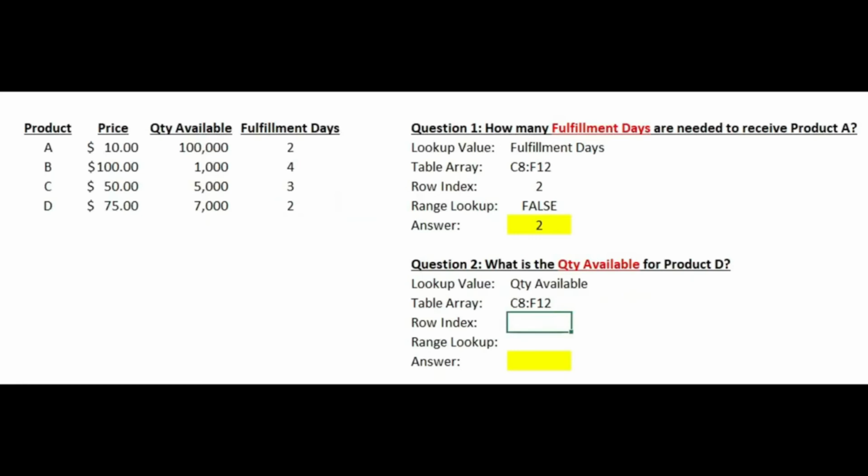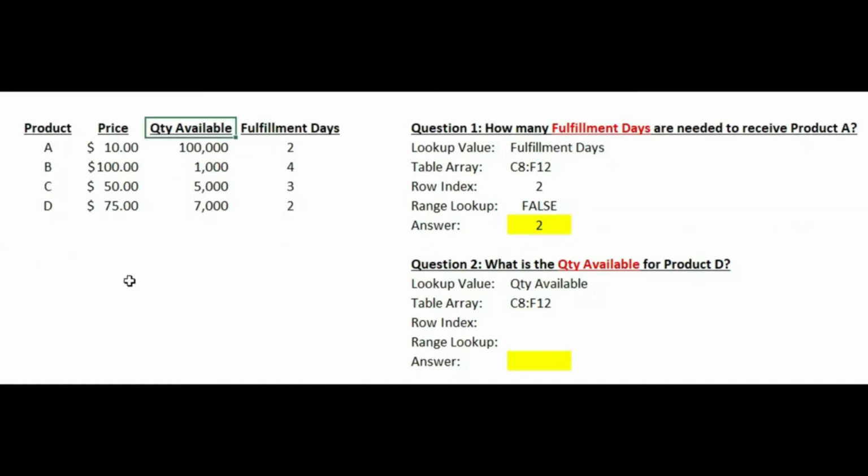Row index. Now this is where it's different than in question 1. In question 1, product A was 1 row directly under our lookup value. Now remember, lookup value is always equal to 1 because it's the first row. So now we have to find out how many rows beneath the lookup value product D is.